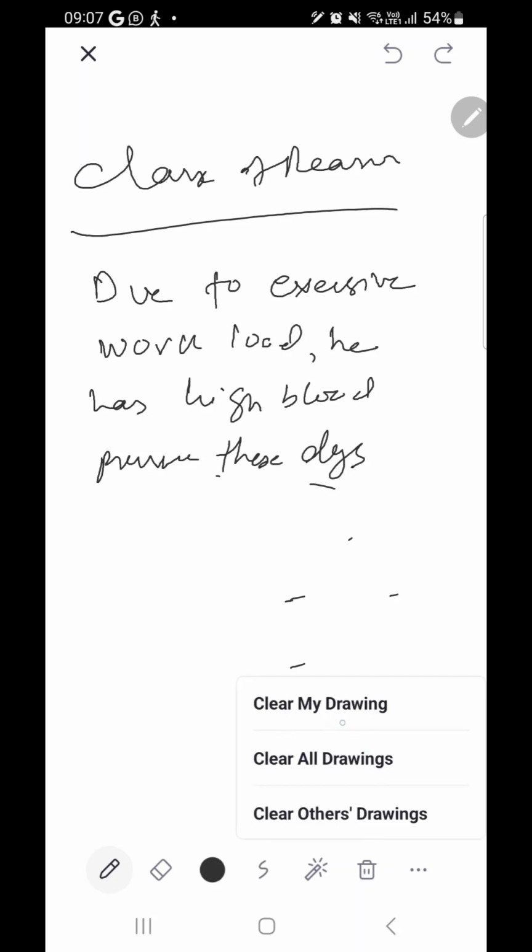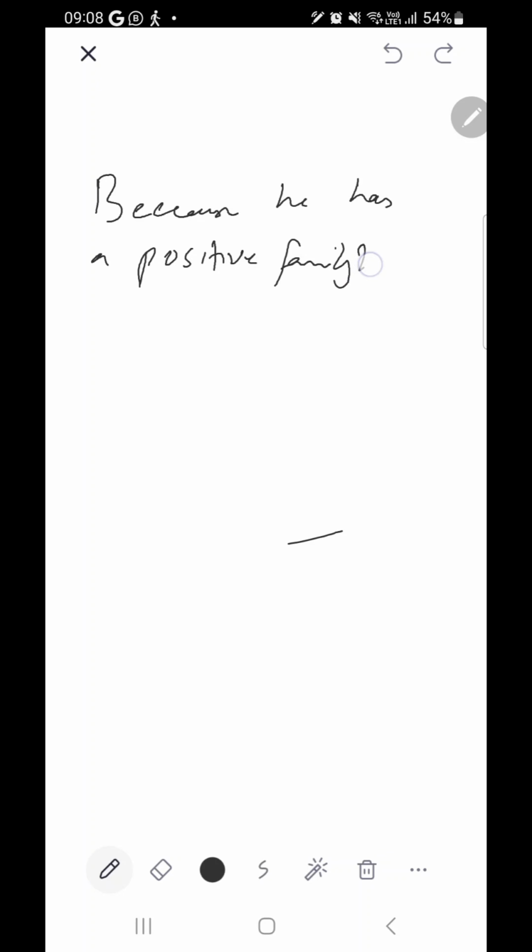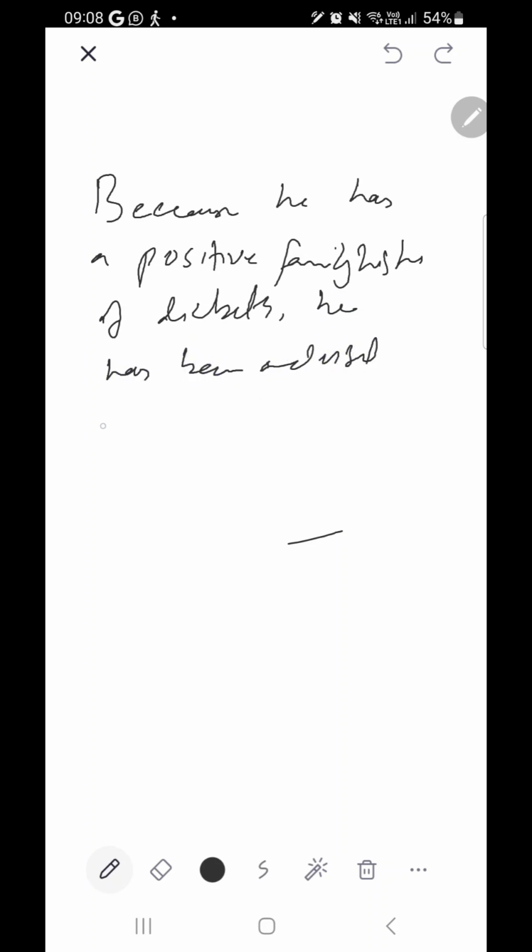This is for the clause of reason. Or, because he has a positive family history of diabetes, he has been advised to modify his lifestyle in order to prevent diabetes mellitus.